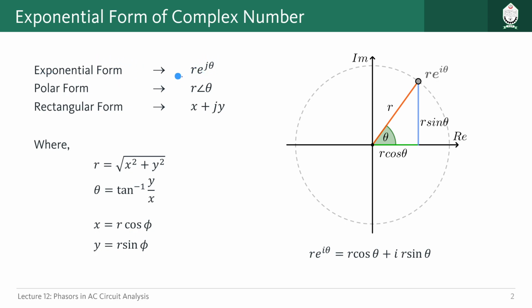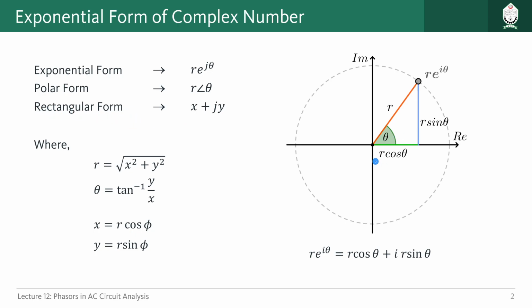This is the exponential form we have already seen. This can also be represented in polar form, which is r and the angle theta. And in the figure we have already explained that this length is r and this angle is theta, and the whole thing can also be represented in rectangular form.